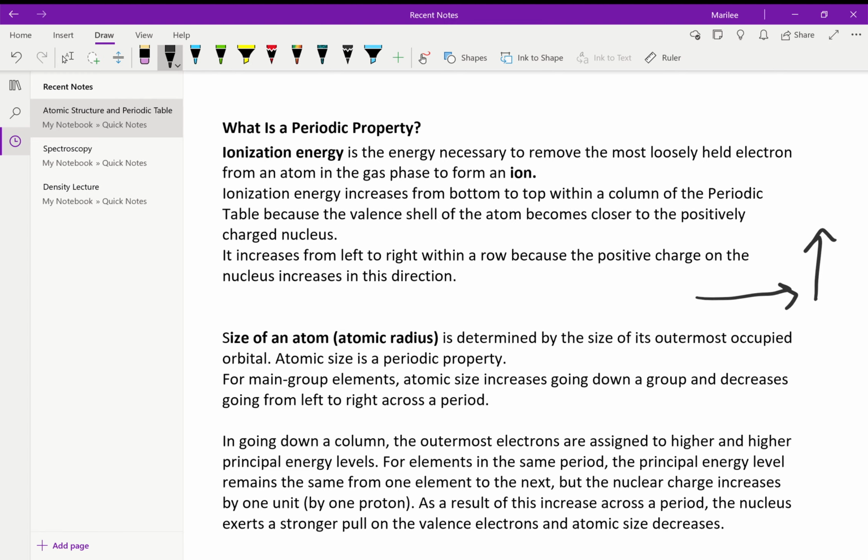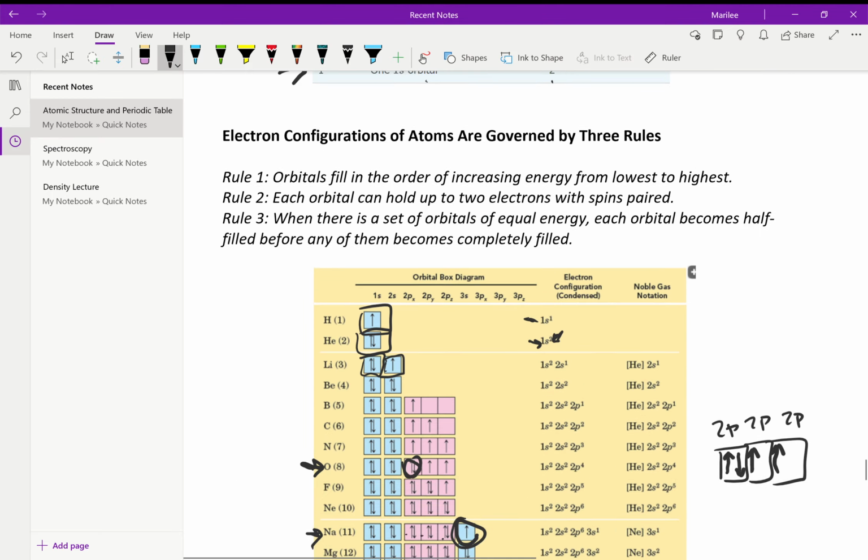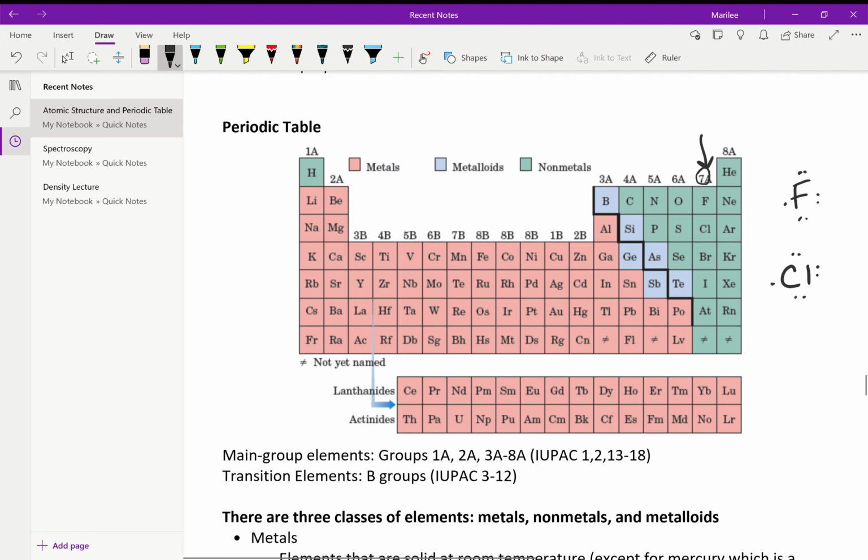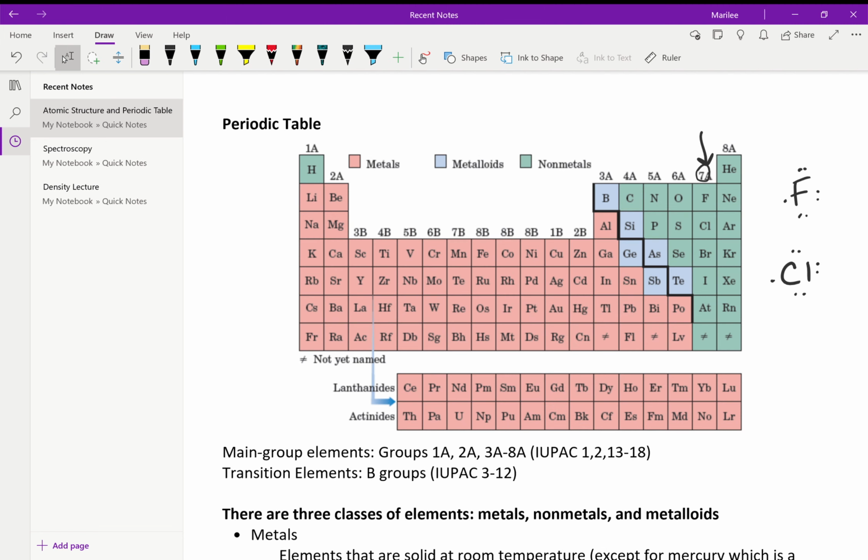So the highest ionization energy would be found clearly to the right and to the top. Okay, it doesn't want to write. Going up and to the right. And here is like the highest.